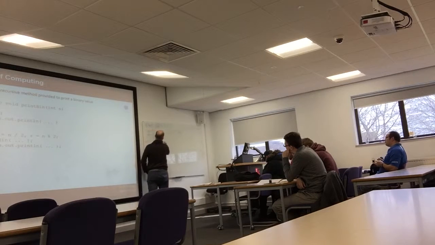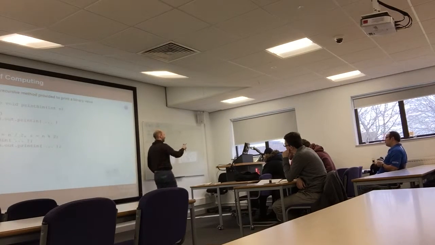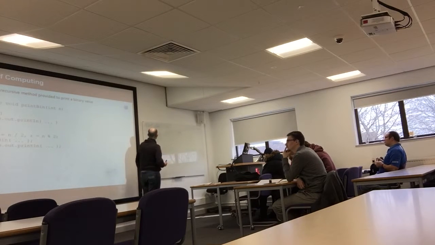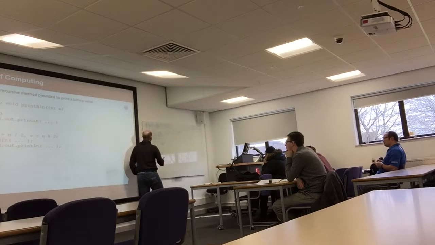Now, if we put m into that bracket so that we do this recursive call, then effectively we take the value here and go into a new step of running the method. So now n is equal to 2.